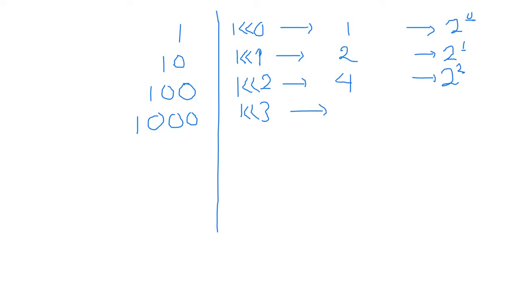Remember, the bit starts from 0, right? So you see multiples of 2, or powers of 2, then we've got 2 to the power 3. So the number of bits that you shifted is basically the power of 2. Here we are introducing multiplication. So by shifting, we actually multiply.